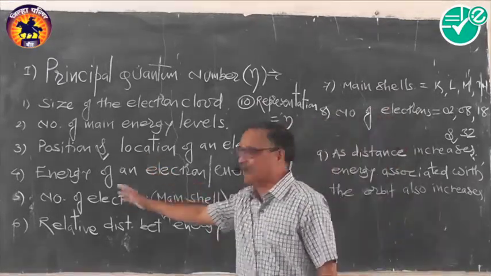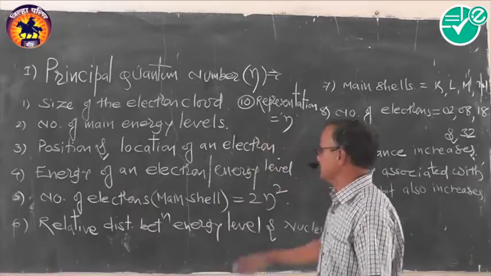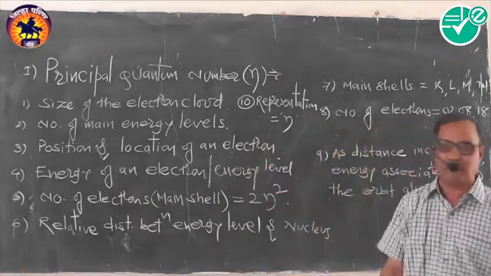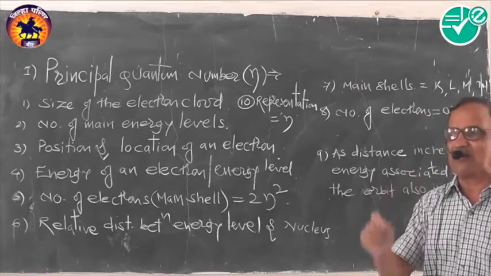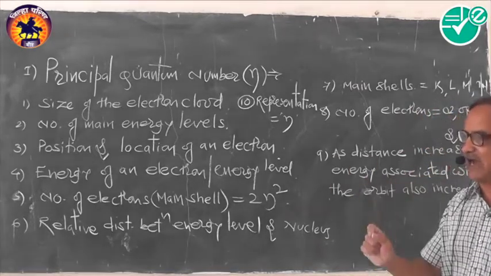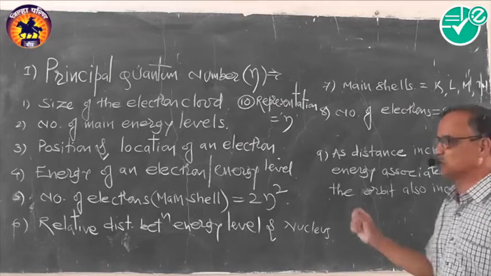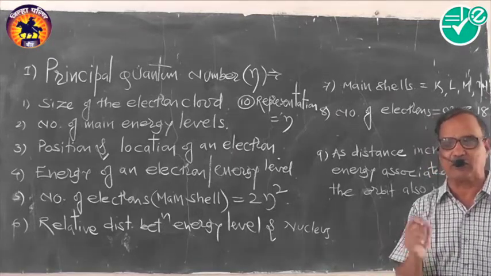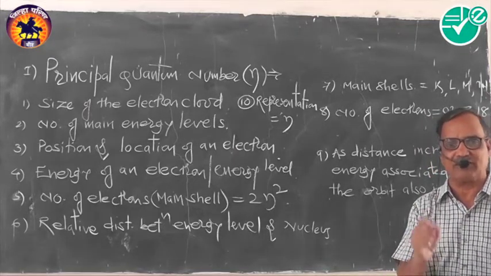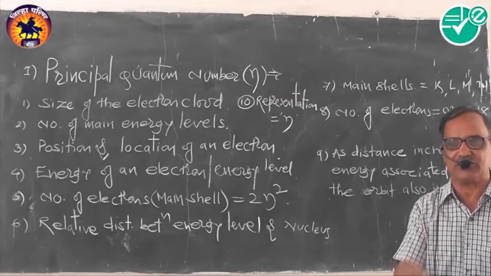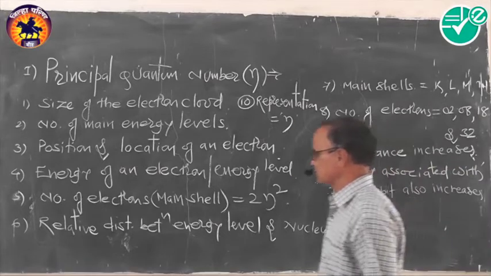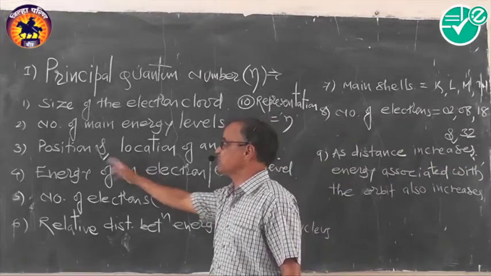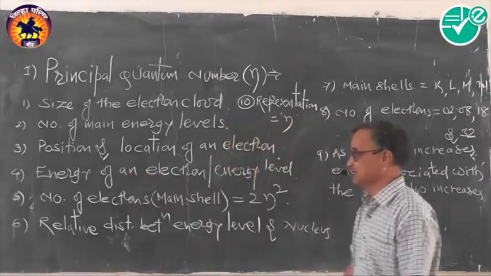So the position and location of an electron is given by the principal quantum number, or in simple words, the principal quantum number gives the relative distance between the nucleus and the outermost electron. This is the third important point regarding the principal quantum number.